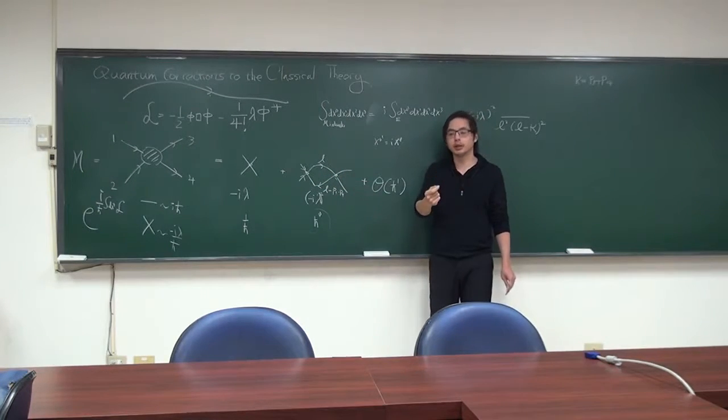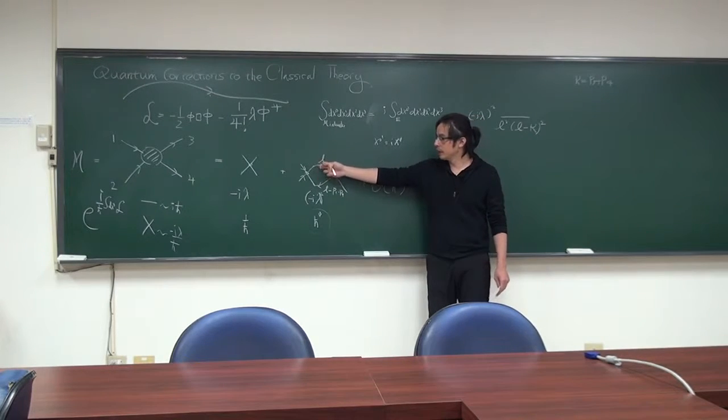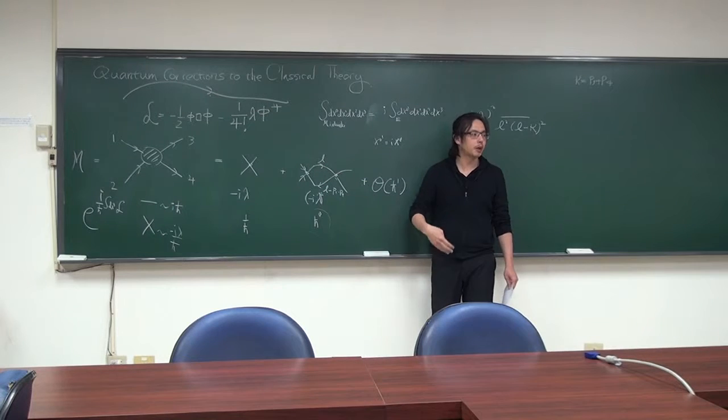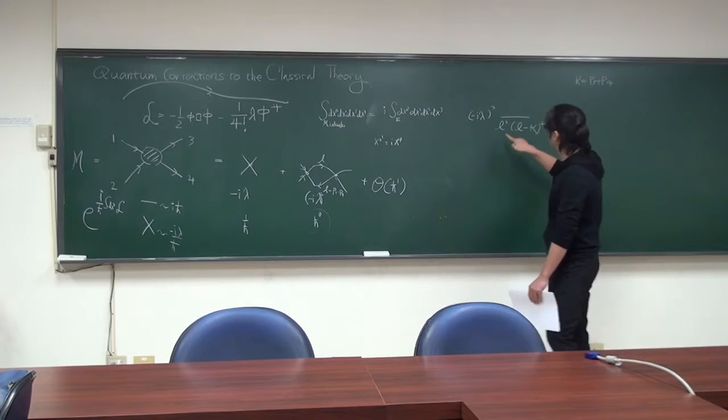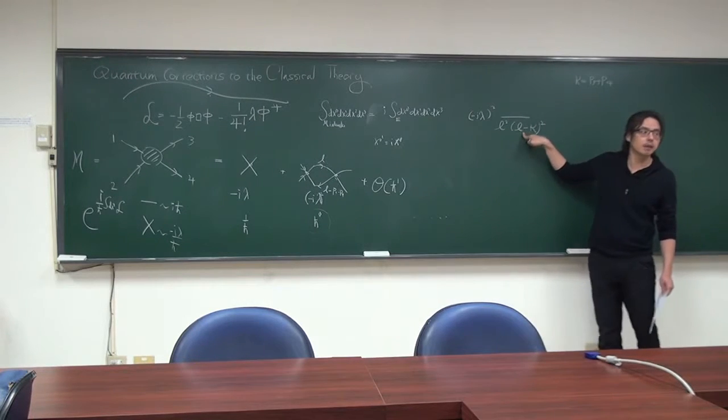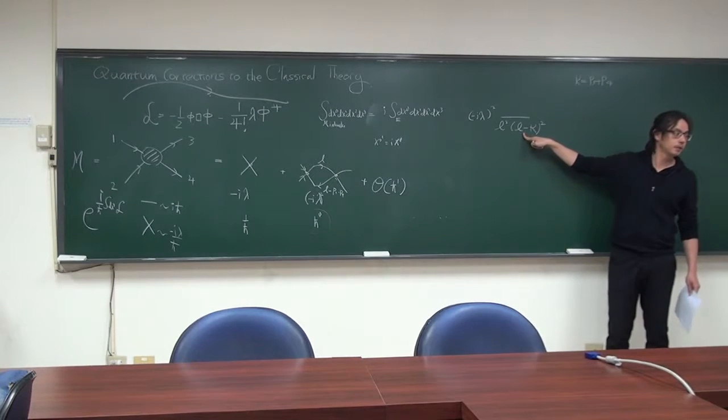So this is what is important about loops, about quantum corrections that we discussed in our last lecture. When you start having quantum corrections, what is very special is that because you have these internal loops, your momenta are no longer fixed. This is what happens when you have loops. The fact that your momentum is no longer fixed means that this l here, you need to sum over all possible l's.